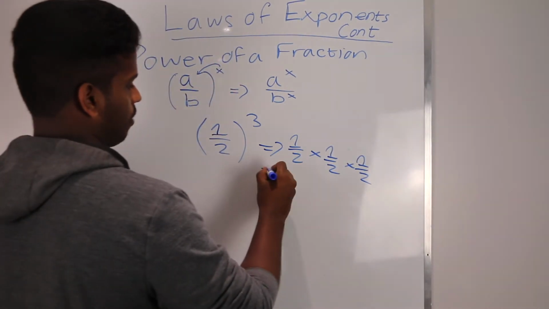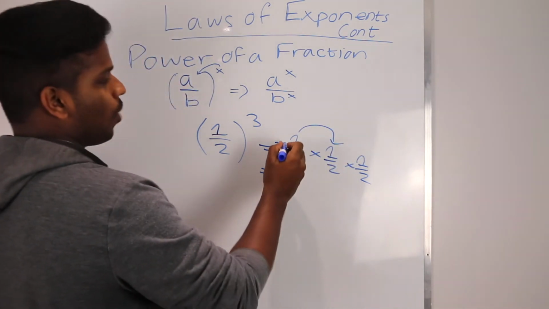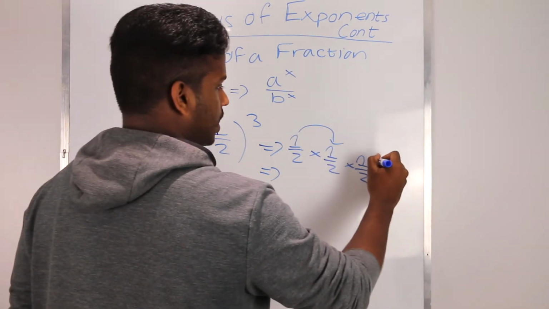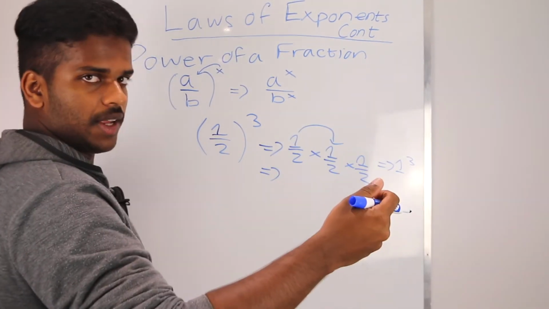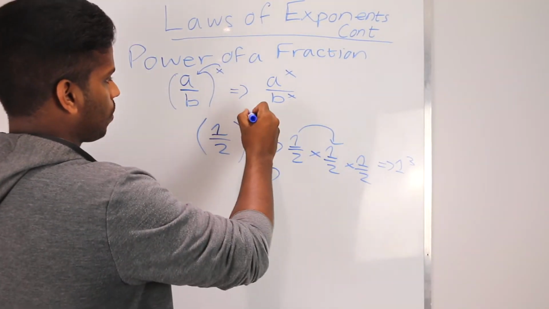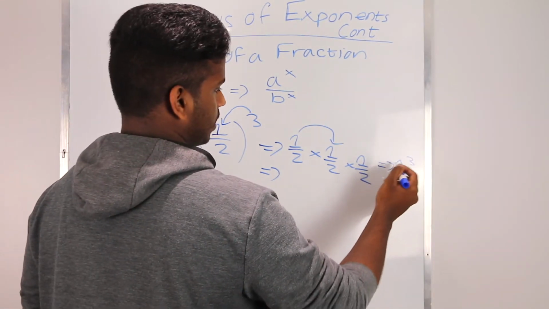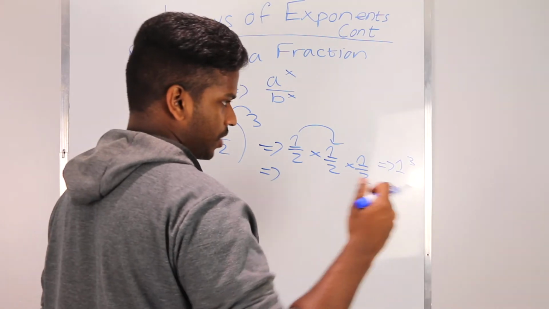Basically, when we're multiplying 1 by itself 3 times, wouldn't that be the same thing as taking 1 to the power of 3? See, the 3 now goes to our numerator. So 1 to the power of 3 is the same thing as what we're doing when we're multiplying fractions by themselves.